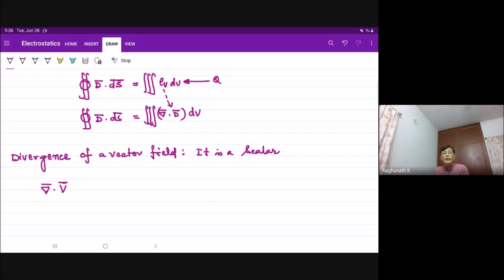Del bar dot D bar in any coordinate system, please concentrate because you know this and use it. Know how to use it.